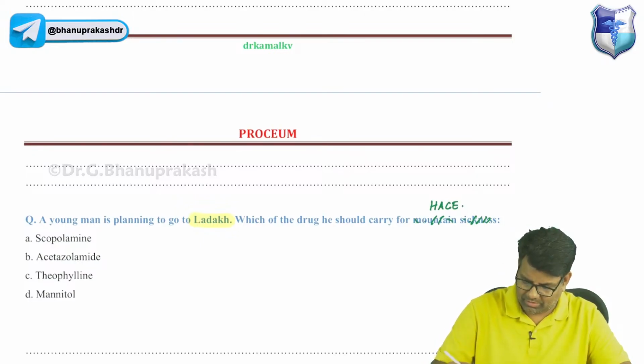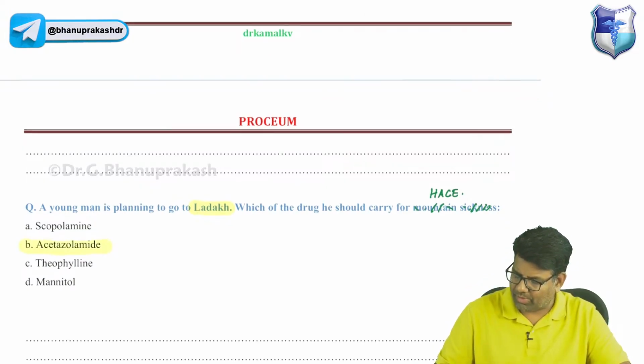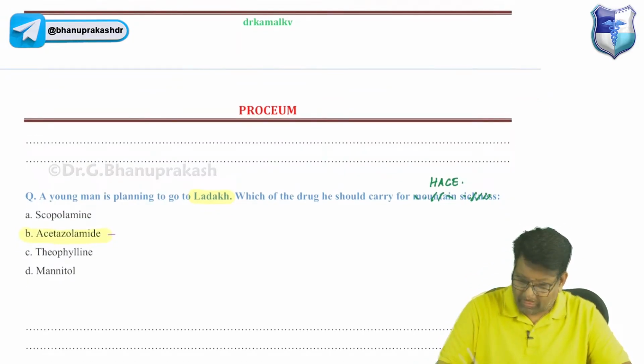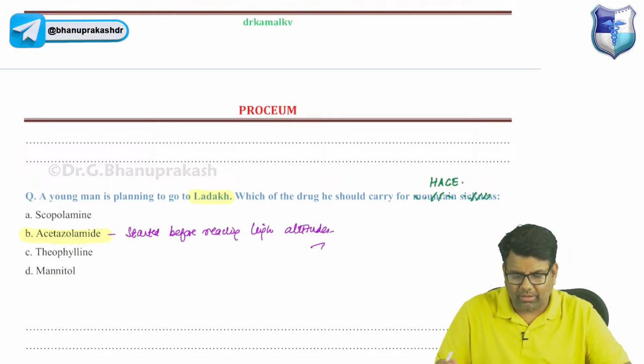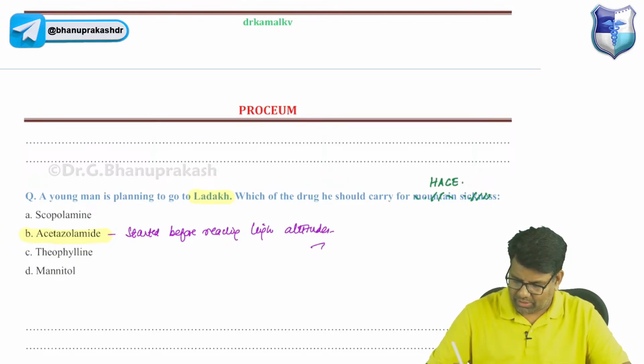Yes, it's important, acetazolamide. And it has to be started before reaching high altitude. Once you reach there and then start, it won't make any difference. It has to be started before.